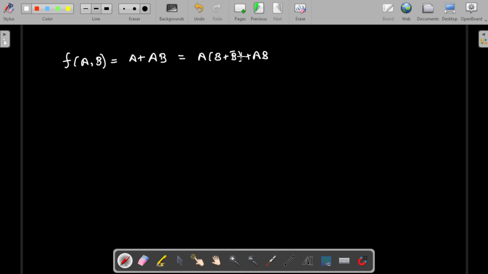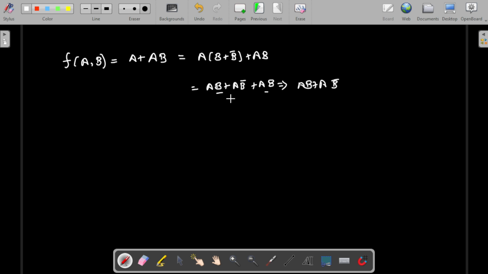We know that b plus b bar is equal to 1, and 1 into a is nothing but a, so that won't affect the function of the system. If we multiply this inside, we get ab plus ab bar plus ab. As ab is mentioned twice, adding them gives ab only. So ab plus ab bar.